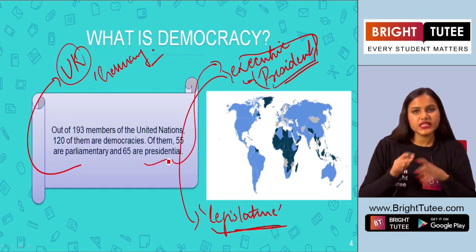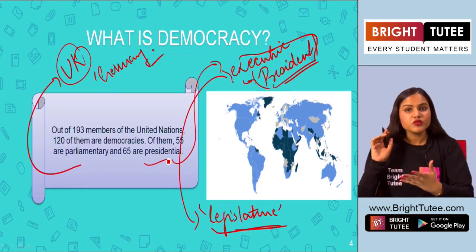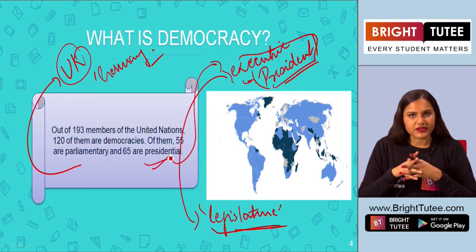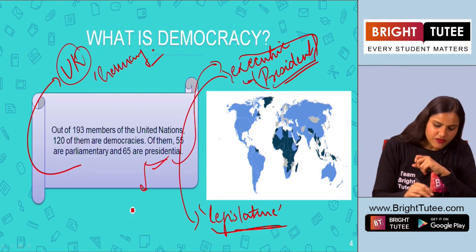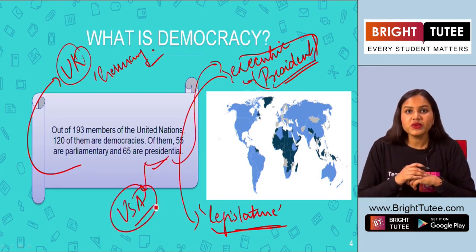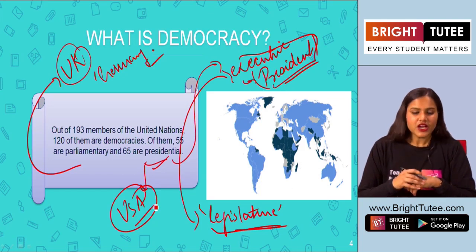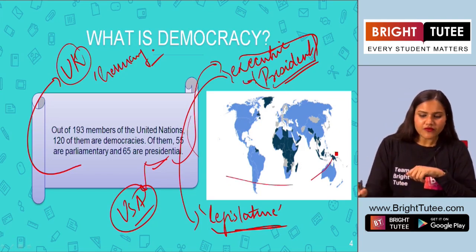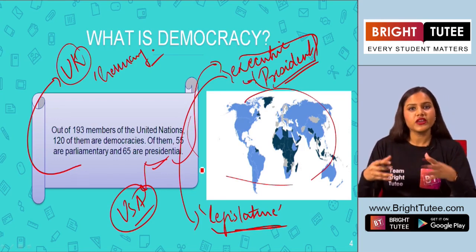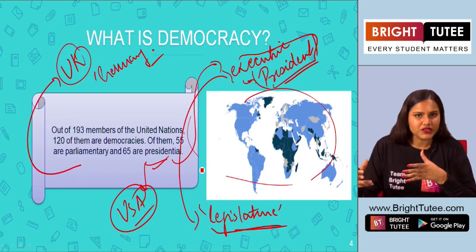So that is why this form of government or democracy is known as the presidential democracy here. And the best example is that of the USA, the United States of America, where we have the presidents, right? So students, here we have understood the condition that exists in our world when we are referring to the forms of governments, right?